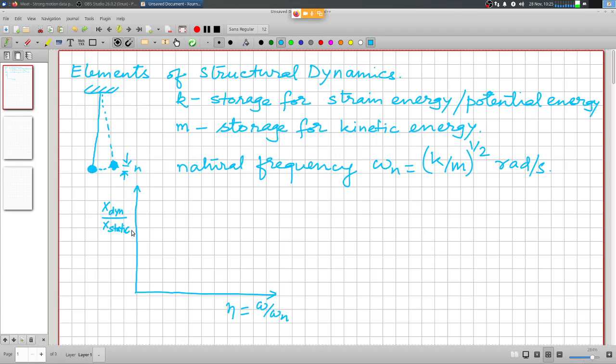What would be the response of the system if it was applied statically, that is, at a frequency of 0, a constant force?